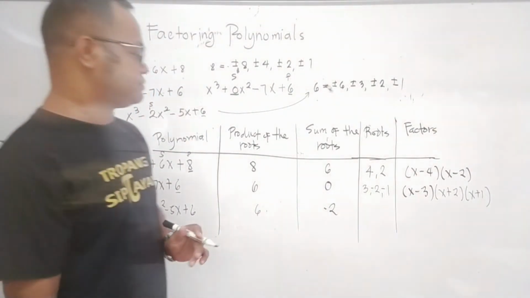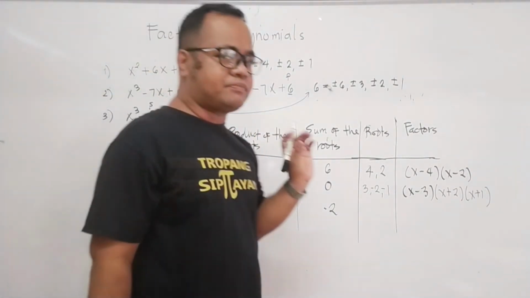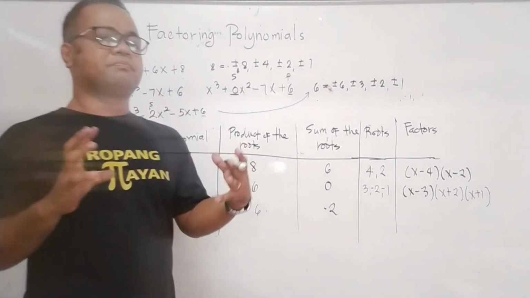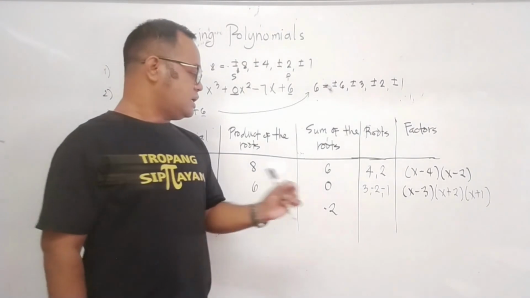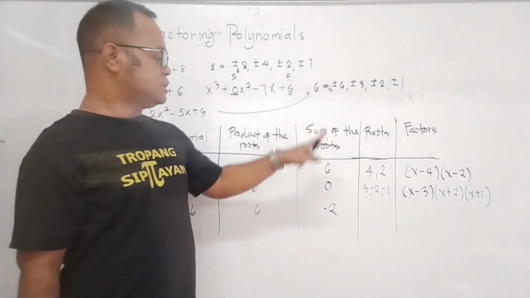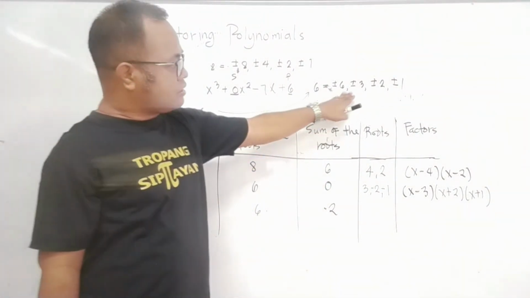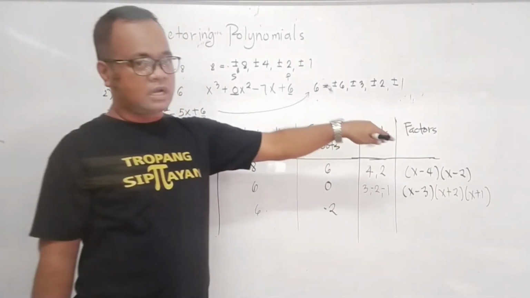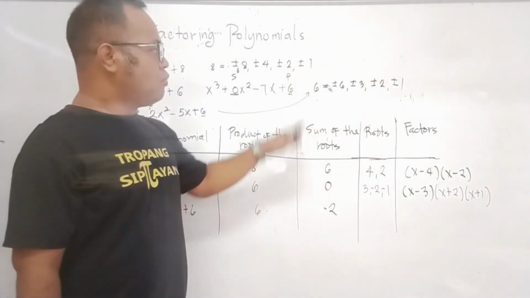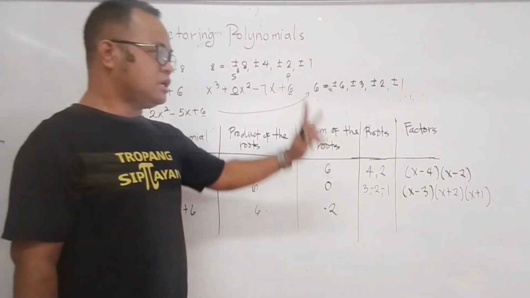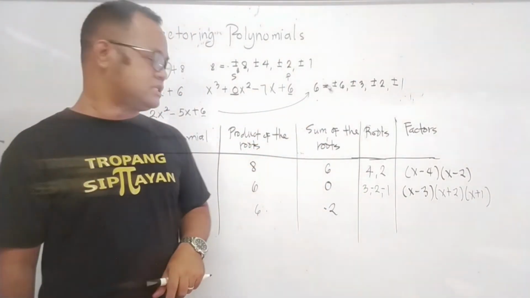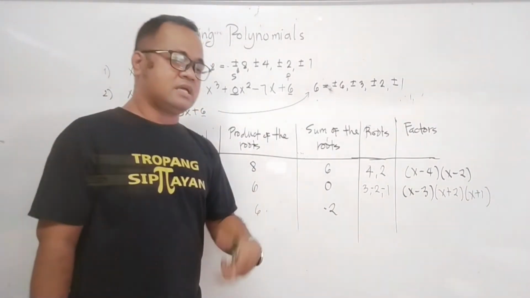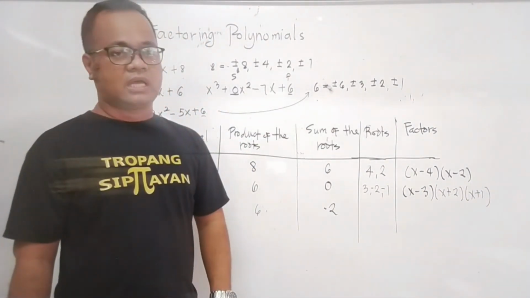So now, think of 3 numbers whose product is positive 6, but whose sum is negative 2. So, out of these numbers, you manipulate what are these 3 numbers that when you multiply, the product is 6, and when you add, the answer is negative 2.